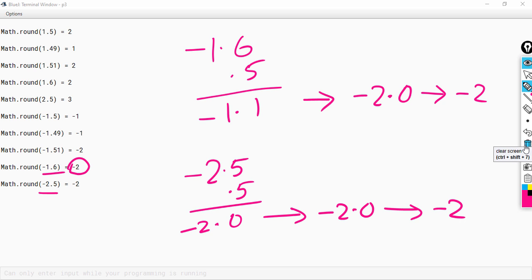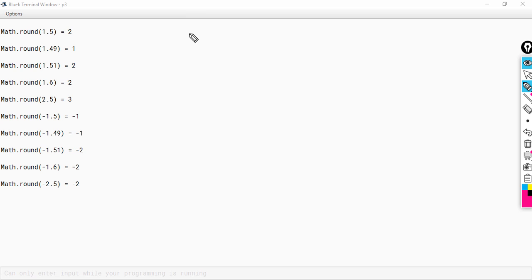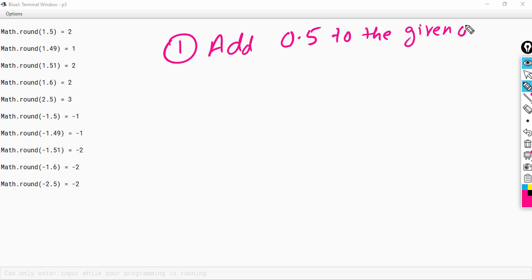So this is how we find the value for the round function. The rule is simple. If you follow this rule, you cannot ever go wrong. First rule is add 0.5 to the given number.